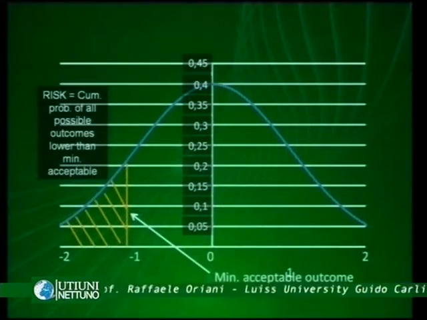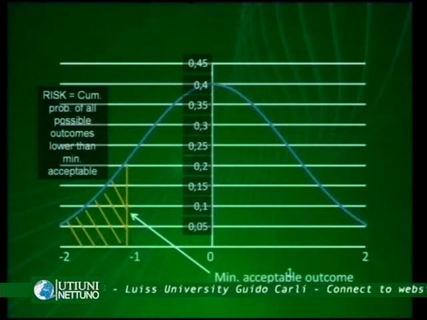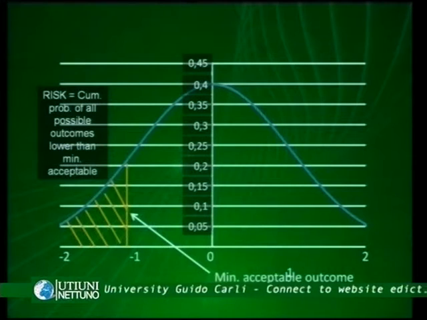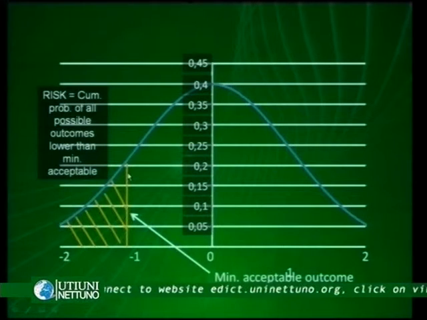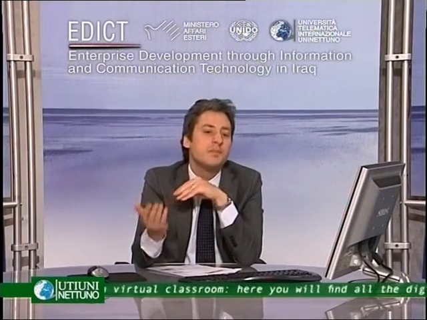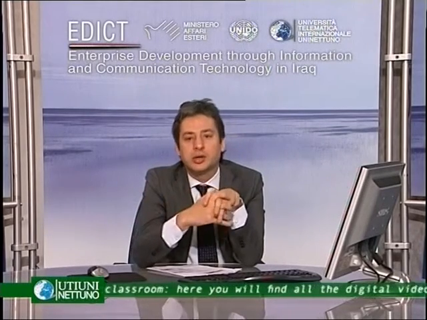And the probability distribution allows us to determine the cumulative probability distribution associated with a given outcome. So let's assume that we have a minimum acceptable outcome under which we think that the project will fail. So we have a threshold in the outcome of a given parameter. Above this outcome, the project will succeed. Below this outcome, the project can be considered a failure.